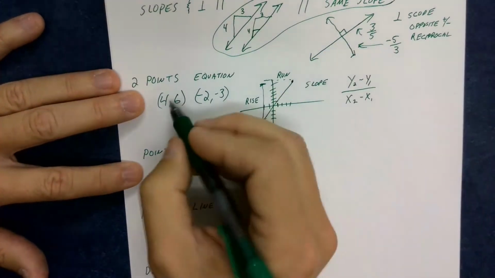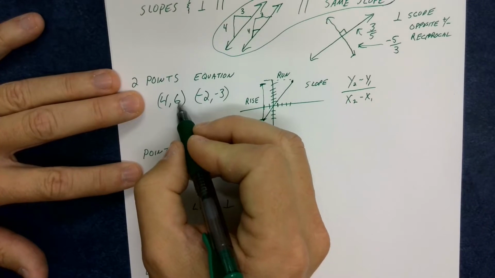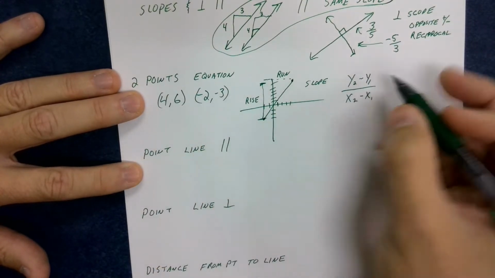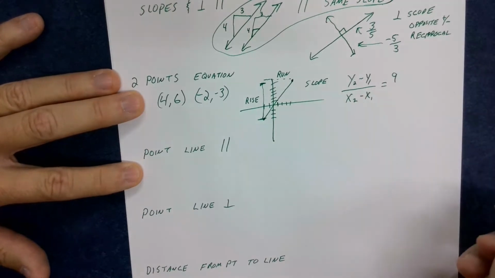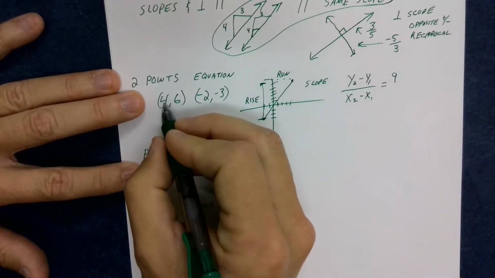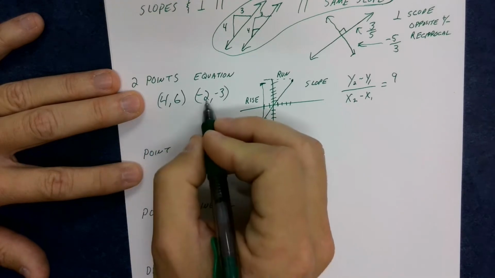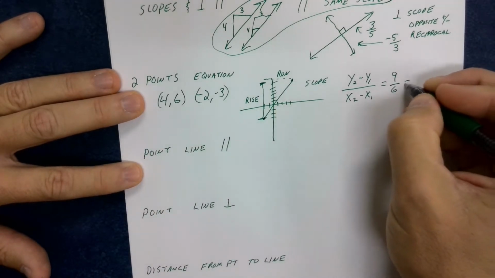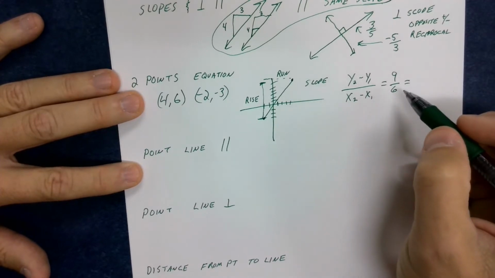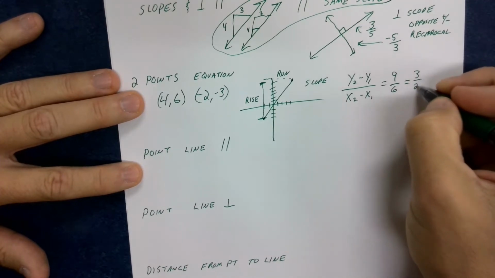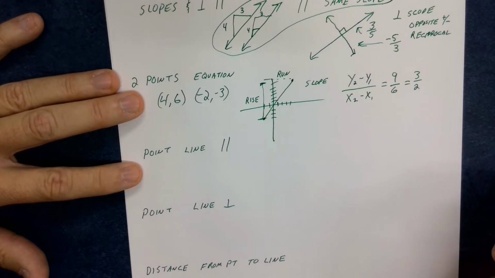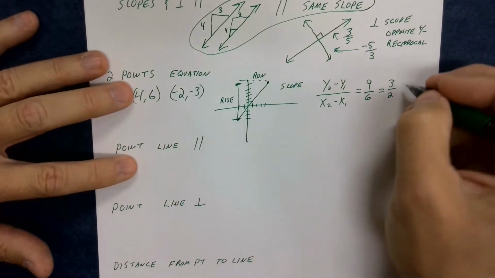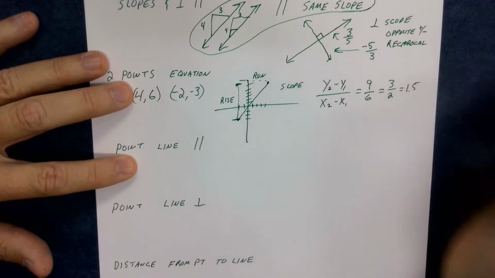So rise: 6 minus -3 is 9. And then x is 4 minus -2, which is 6. So it has a slope of 9/6, and we can always reduce that slope if we can, right? So the fraction is reducible. The slope of that line is 3/2, or 1.5.